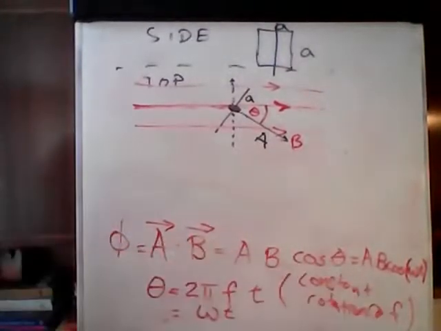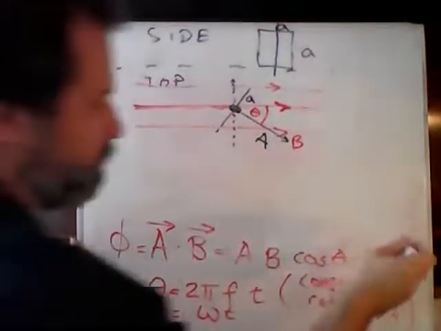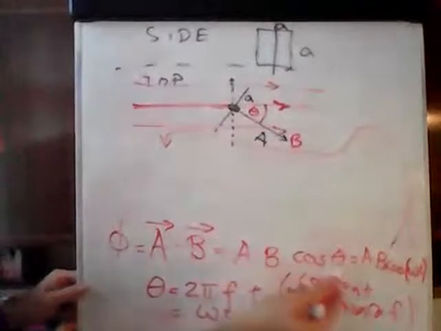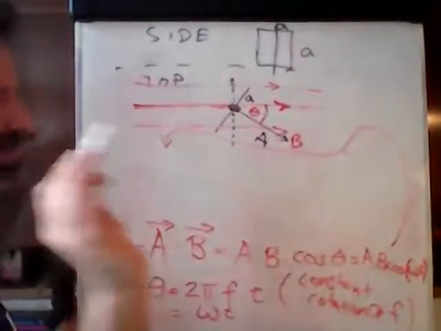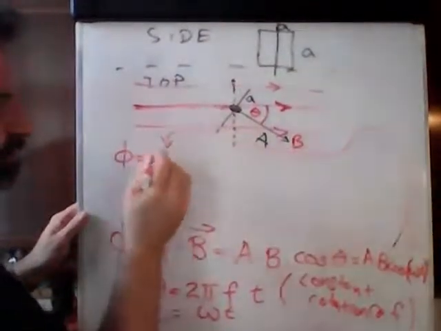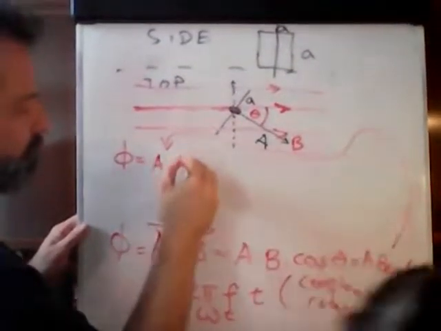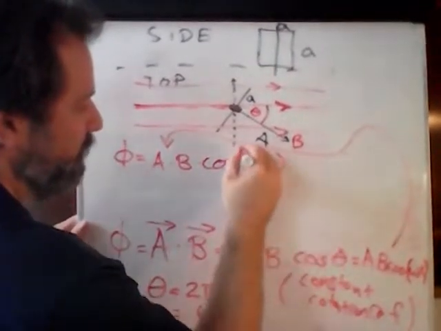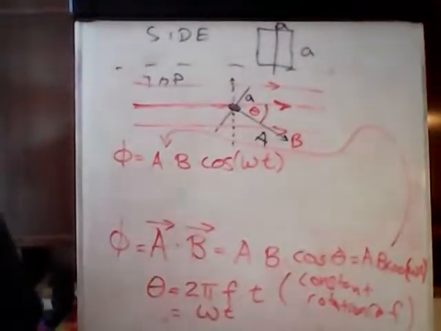I'm going to kind of bring this up here. Maybe that's foolish of me, but let's just take that here. And we're also going to plug in the a squared. No, we're going to leave it like that. Okay. So we now have phi is equal to a times b times cosine omega t. Okay. Good.